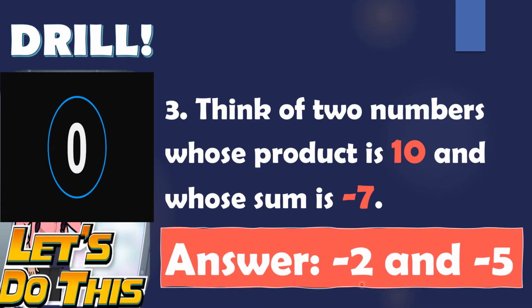So negative 2 times negative 5 is positive 10. Tandaan, kapag nagmumultiply tayo ng same sign, positive ang product. So kahit parehong negative yan, since same ang sign nila, positive pa rin ang product. And kapag nag-add tayo ng parehong negative, magiging negative ang sum.